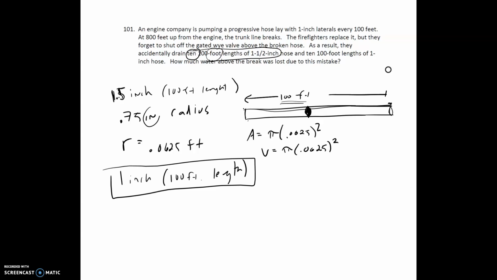This is two dimensions, the area, and then the third dimension that gives you volume would be the length, times 100. I think that was the question for number 96. 0.0625 squared times pi times 100.